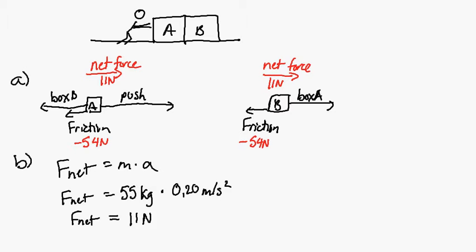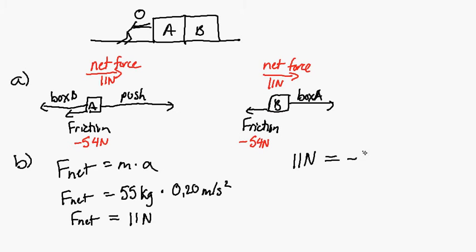We can set up an equation based on the fact that net force is equal to the sum of all the individual forces. So in this case, our net force is 11 newtons. We know that one of the individual forces, the friction force, is negative 54 newtons. And the only remaining force is the box A force, so we'll leave that as an unknown.